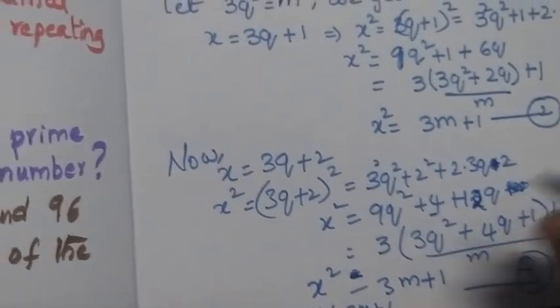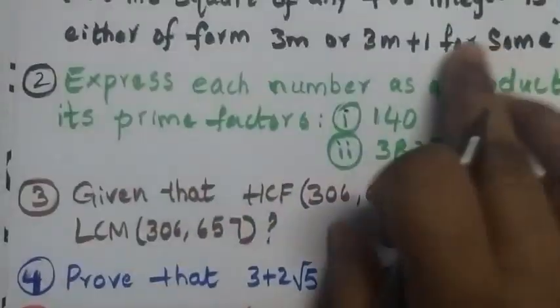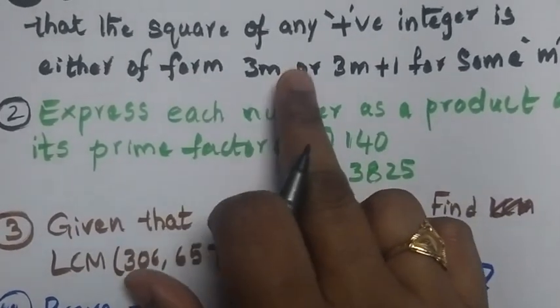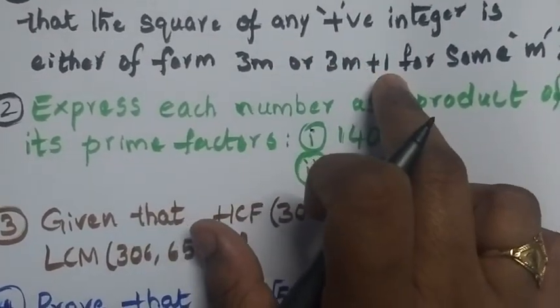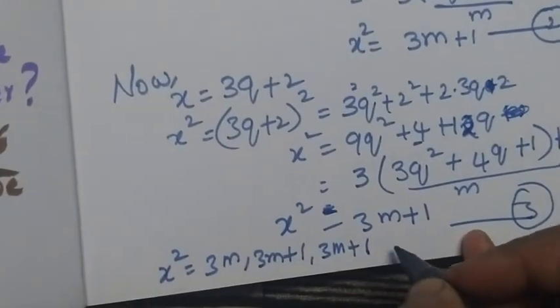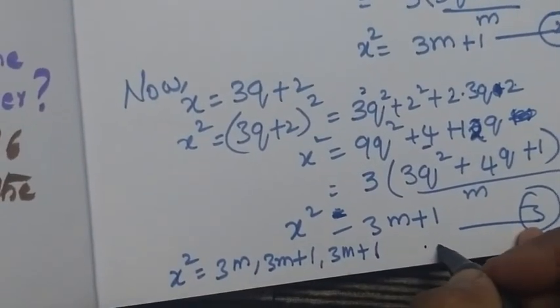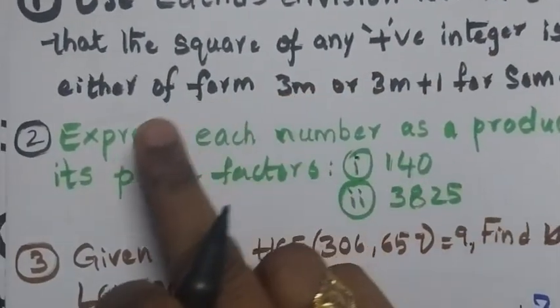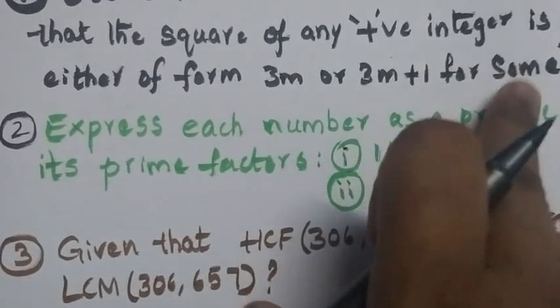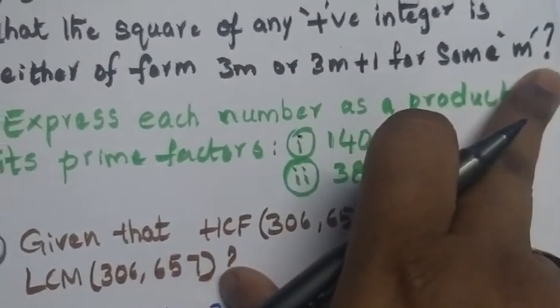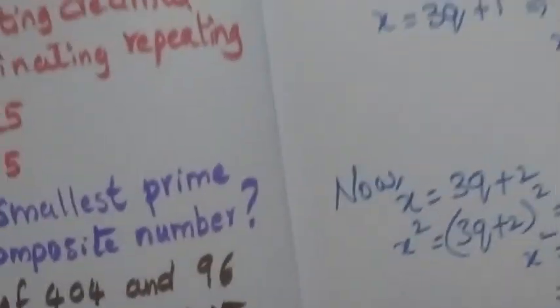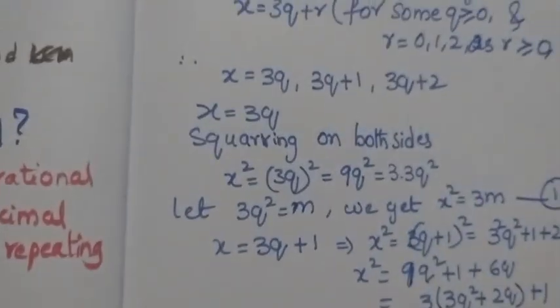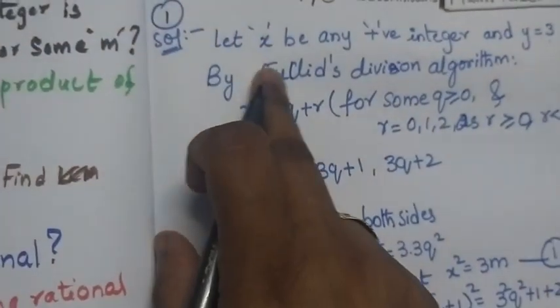We have to prove that it is in the form of 3m or 3m plus 1 for some m. So hence from equations 1, 2 and 3 we conclude that the square of any positive integer is either of the form 3m or 3m plus 1 for some m.